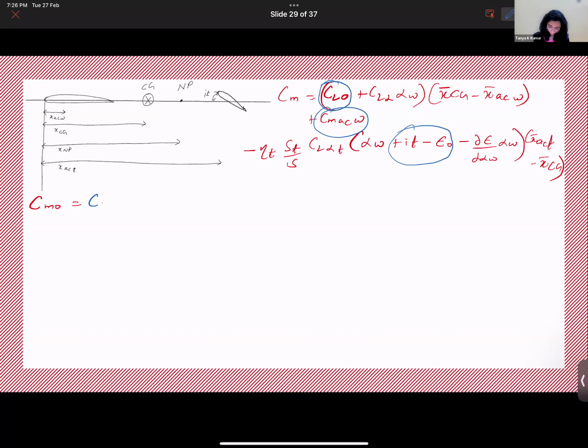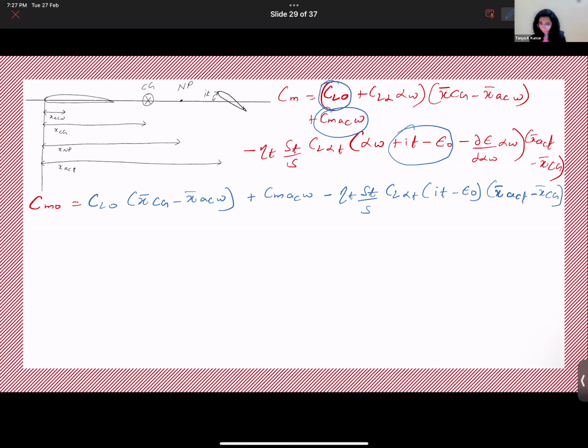So that will be CL naught into x bar CG minus x bar AC wing plus CMAC of the wing minus eta tail S tail upon S CL alpha tail into IT minus epsilon naught into x bar AC tail minus x bar CG.